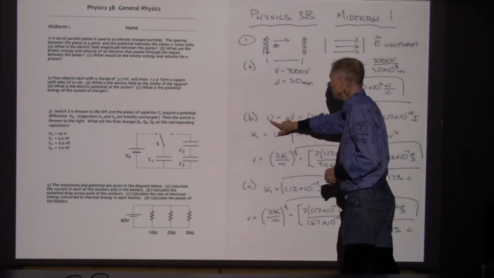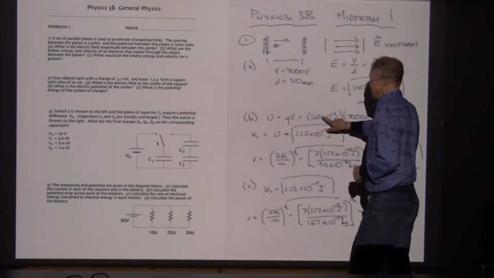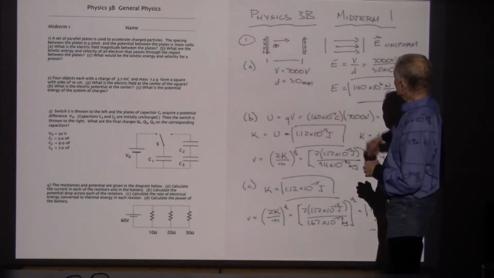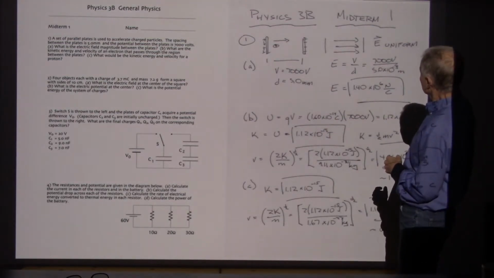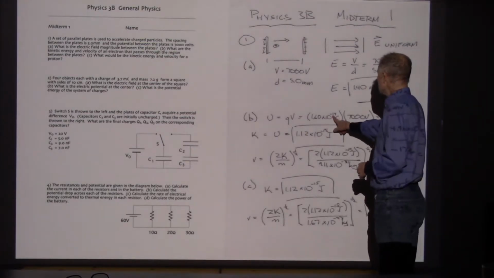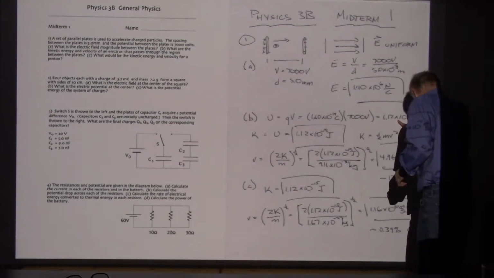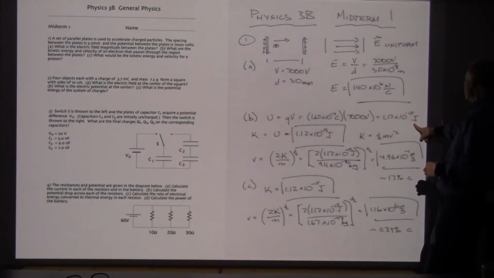So I can go directly to potential energy and say the charge on the electron, that's 10 to the minus 19. Is that what it looks like? It is, that's 10 to the minus 19, times the 7,000 volts, that's 1.12 times 10 to the minus 15 joules.